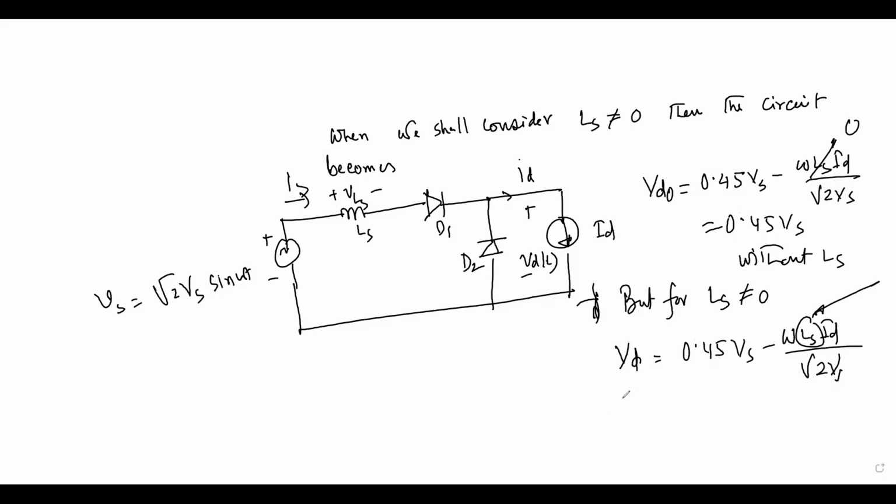And the cosine U will be 1 minus omega Ls ID divided by root 2 Vs. I'm very sorry. This will be 2 pi, and this will be your cosine U.